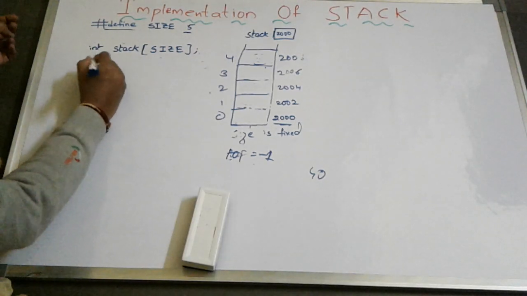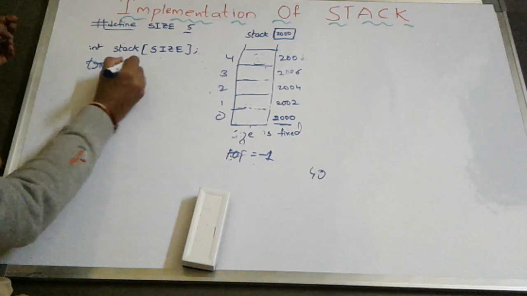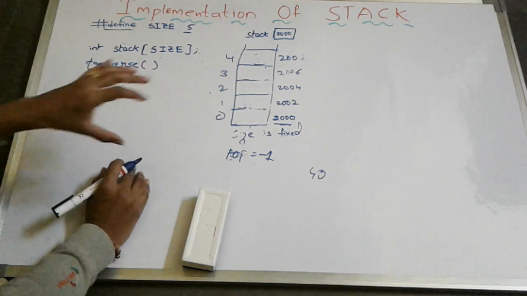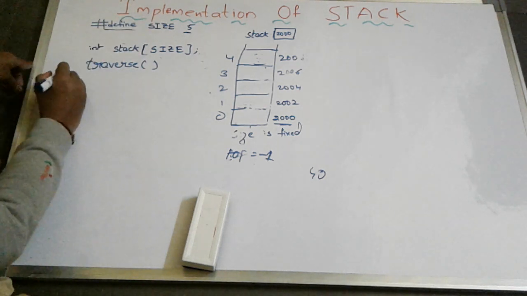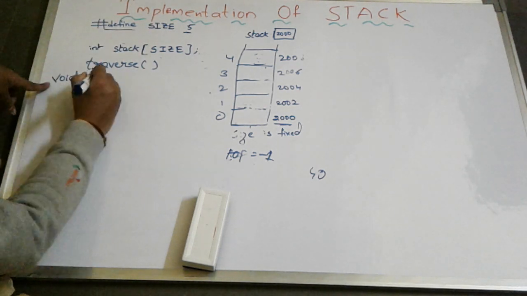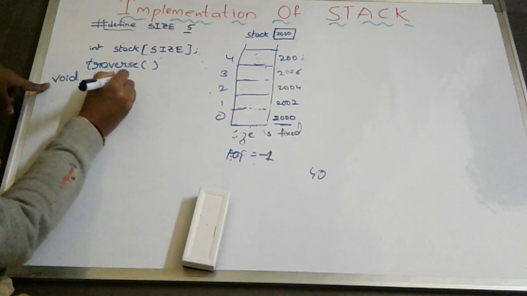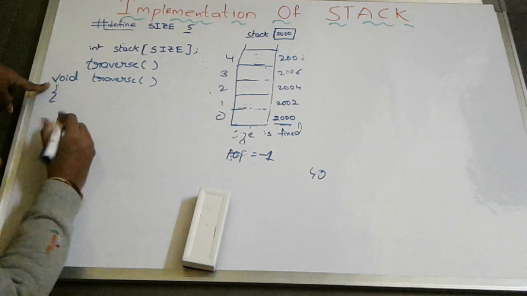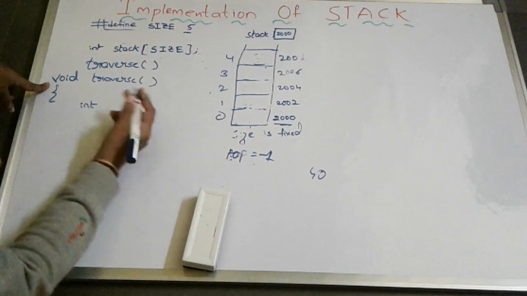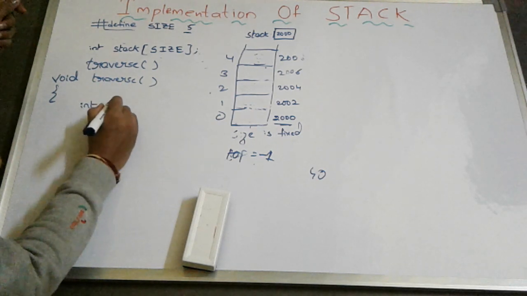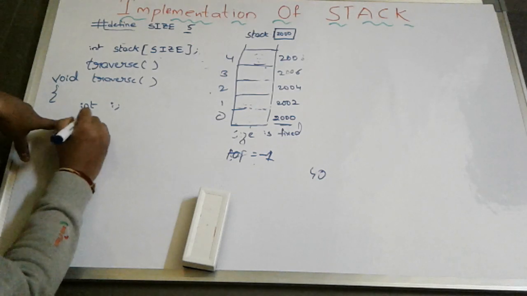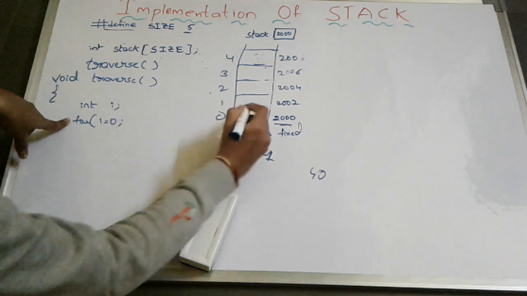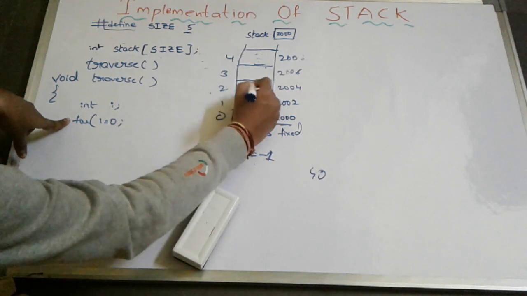Okay, now traverse. Traverse just prints all the elements which are present in the stack. So it doesn't return anything, void traverse, and it doesn't take any input parameters. So we are declaring a variable i. Now say we have some elements 10, 20, 30.